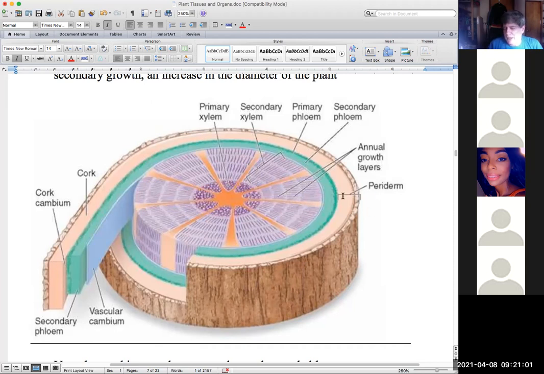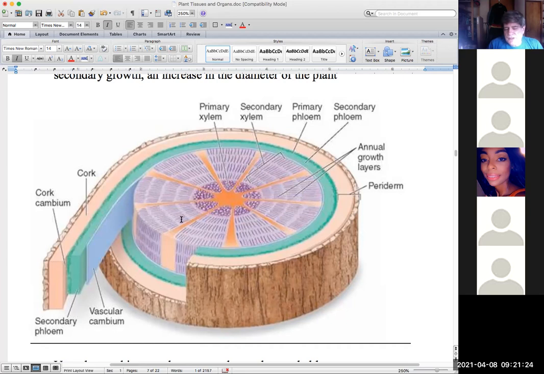We do have some area out here after the primary phloem called the cortex. The cortex is gone in a tree, or it's been replaced, I should say. So once the vascular cambium starts dividing by mitosis, now we get these purple areas.